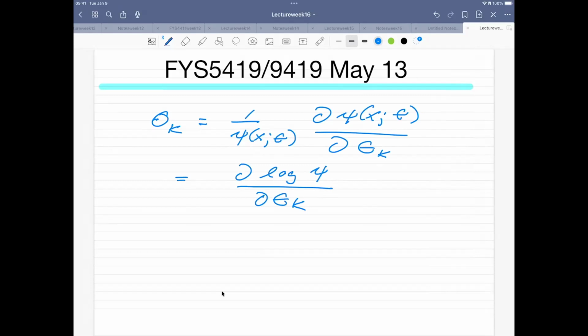Now, what we defined then was the covariance of the log derivatives, and this covariance is something which we labeled as an Sij.